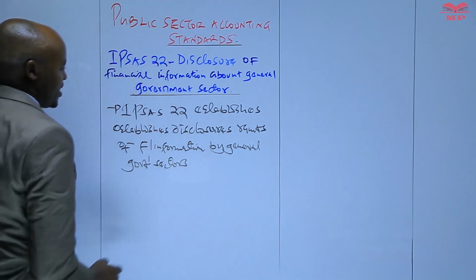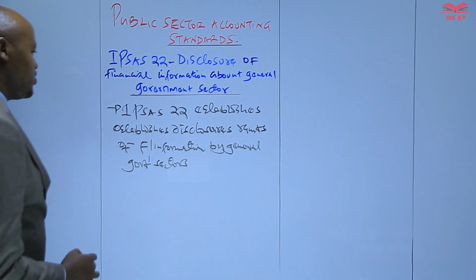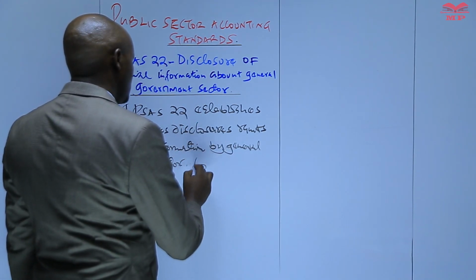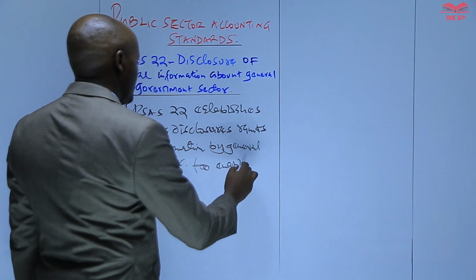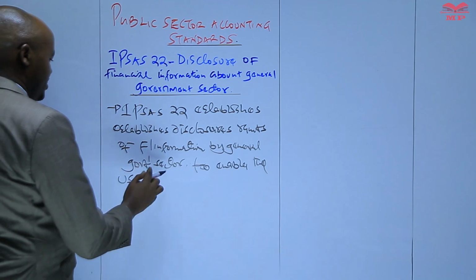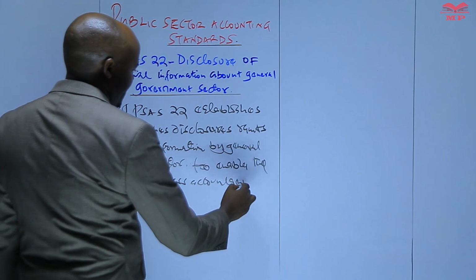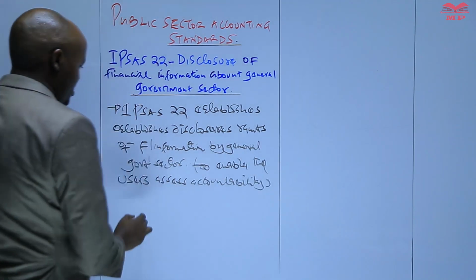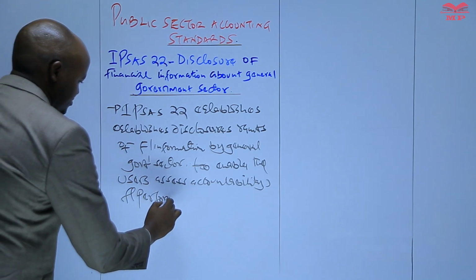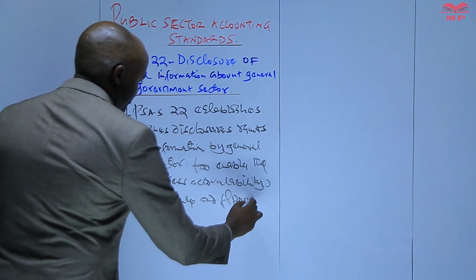So therefore we can say that IPSAS 22 establishes the disclosure requirements of financial information by the general government sector to enable the users to assess accountability, financial performance, and financial position of such entities.